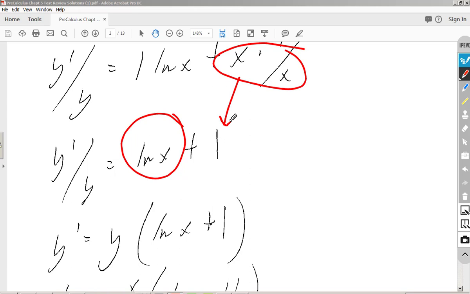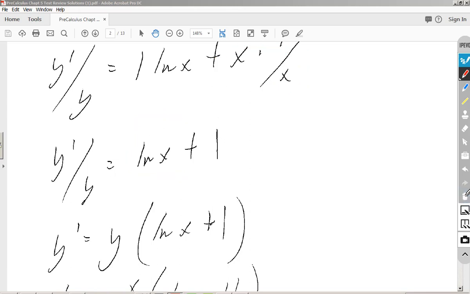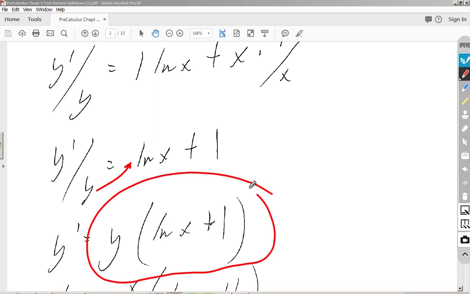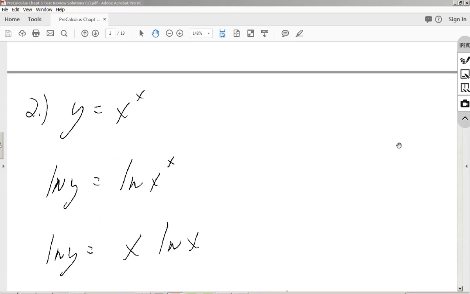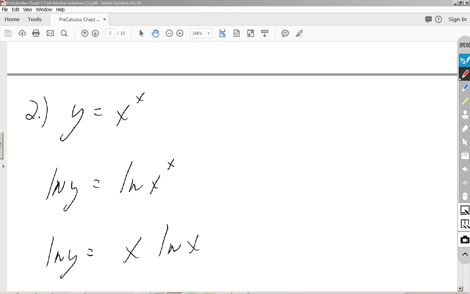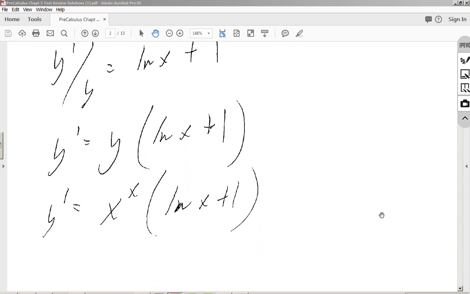Now that I've done that, I can multiply both sides by y. So my y is going to come over here, and I end up with y times the ln of x plus 1. Of course, if you'll notice back at the very first, I said that y was equal to x to the x. So since y is equal to x to the x, I can substitute that into my equation at the very end and simplify it down.